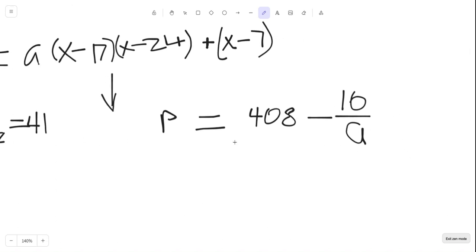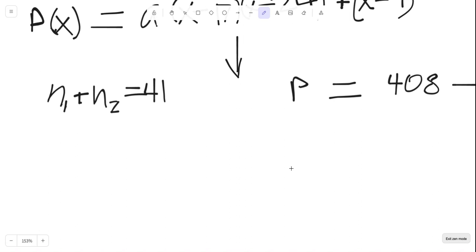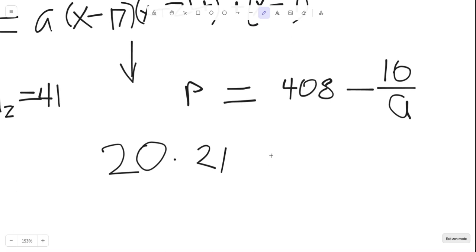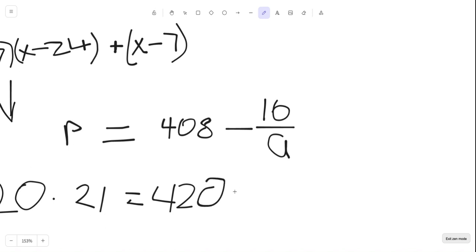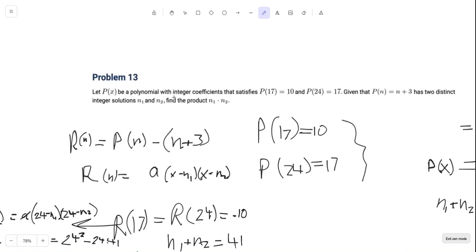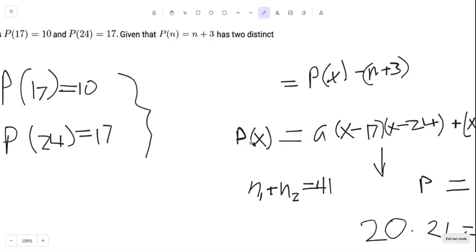We need to find the integer solutions to this. If we try taking the middle, maximizing the product, you get 20 times 21, which equals 420. Can we get from 408 to 420? We need integer coefficients. We have a polynomial with integer coefficients.